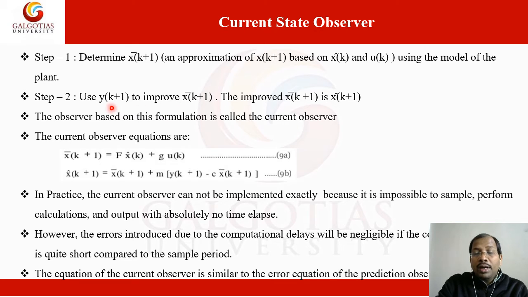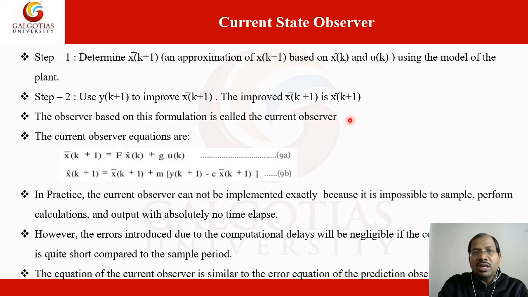Then we can calculate the next output, y k plus 1, to improve x bar k plus 1. This improved x bar k plus 1 is x cap k plus 1. This is the next iteration. The observer based on this information is called a current observer.